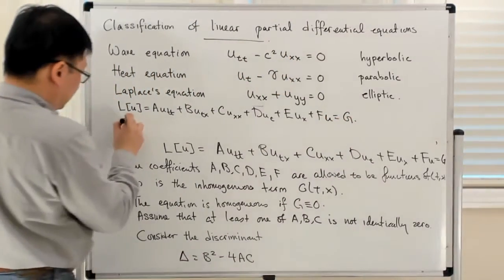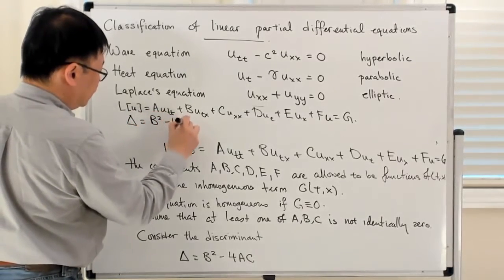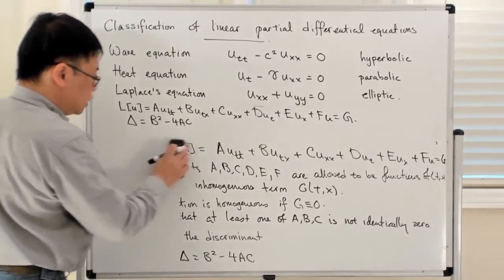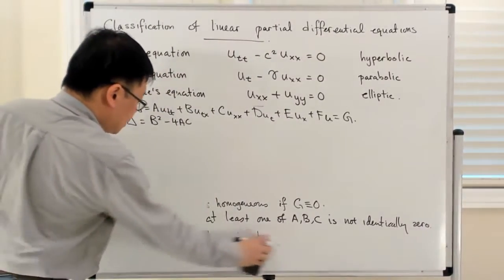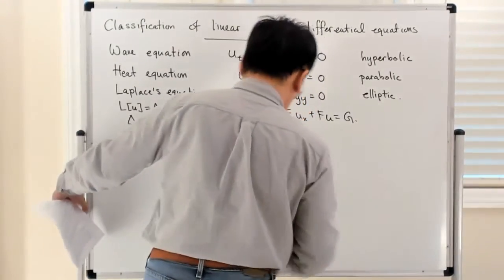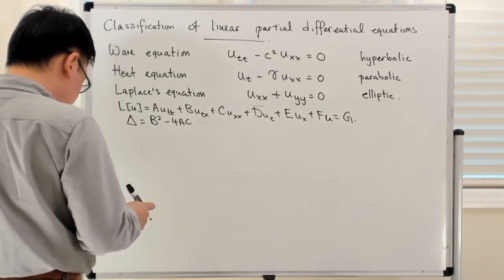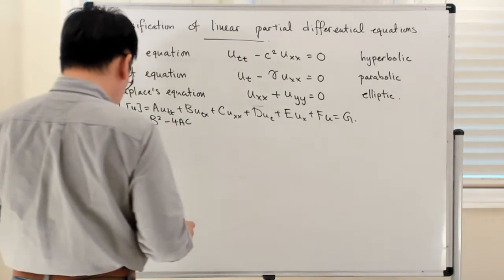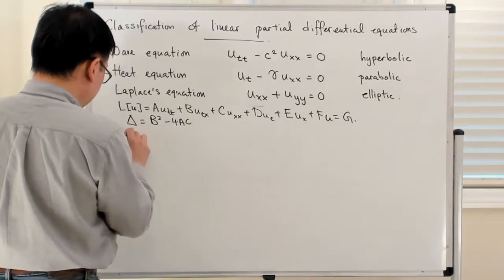And then we have a discriminant, delta equal to b squared minus 4ac. With that in mind, this is hopefully going to remind you of the discriminant of a quadratic equation.